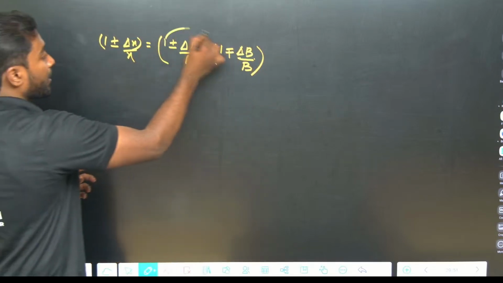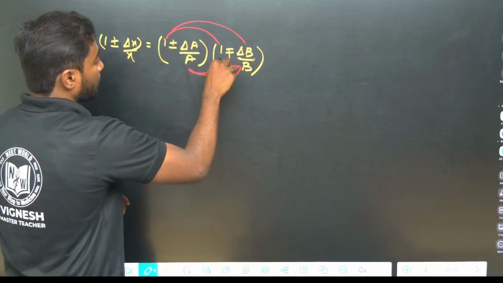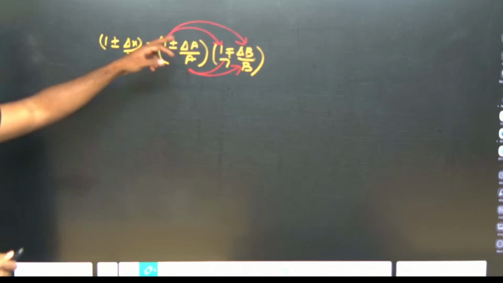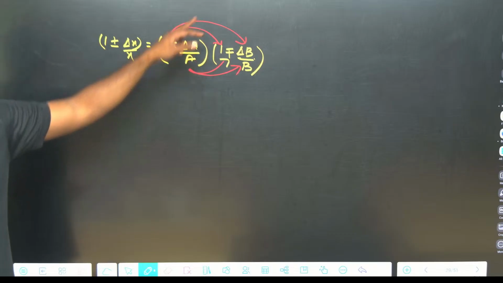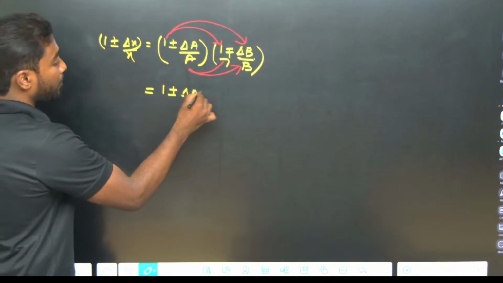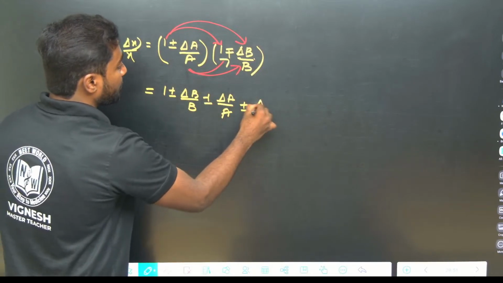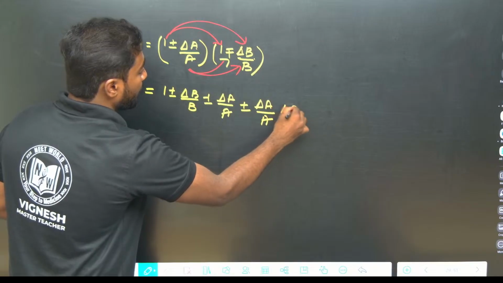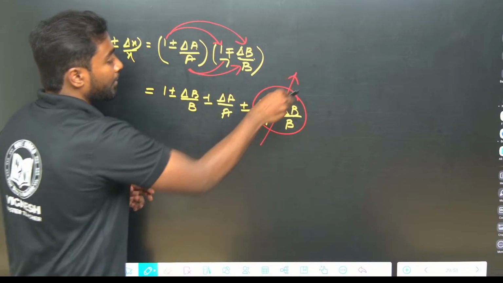Now again do the multiplication here. 1 into 1, 1 into delta B by B, delta A by A into 1, delta A by A into delta B by B. So 1 plus or minus delta A by A, minus or plus delta B by B, again plus or minus delta A by A into delta B by B. Similarly, this one is a very small term, I can neglect it.